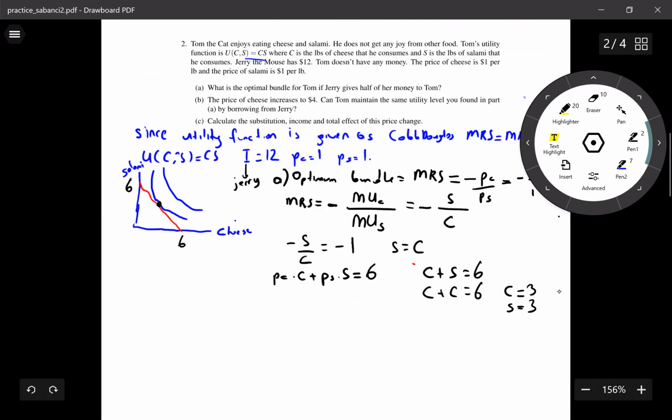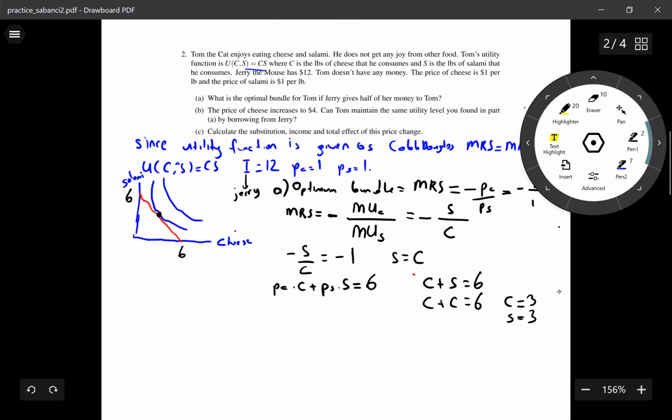Now in part B, we are changing the price of the cheese. The new price of cheese, PC prime, is $4. Then it asks: can Tom maintain the same level of utility you found in part A by borrowing money from Jerry?